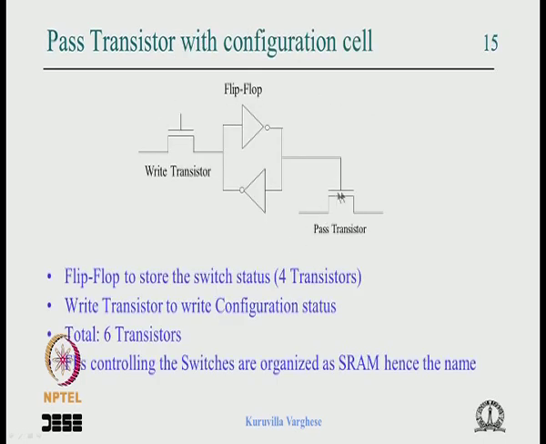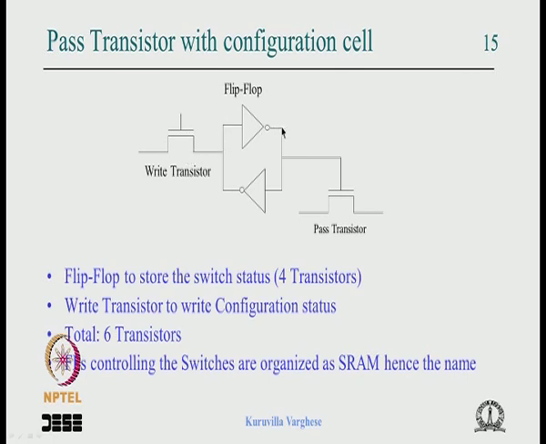You have a switch whose gate is connected to a flip flop, which is nothing but cross connected inverters. Now you have to force this inverter to 1 or 0. This is a write transistor. Suppose you want to force this to 0: you put a 1 here and enable the write transistor, so this is forced to 1.